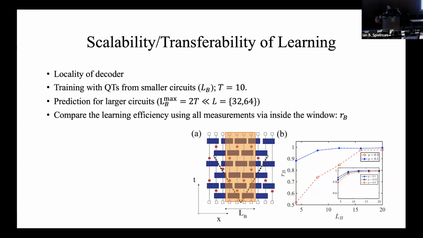So whether you use all the measurement outcomes in a very large circuit, or just the measurement outcomes inside that light cone, this demonstrates that in practice this approach is scalable.